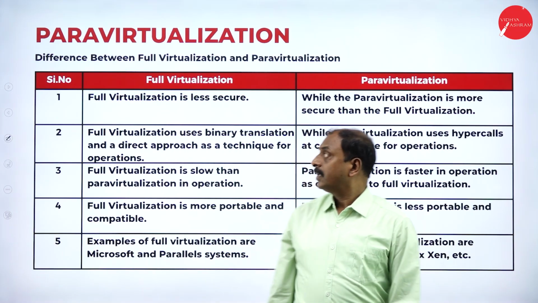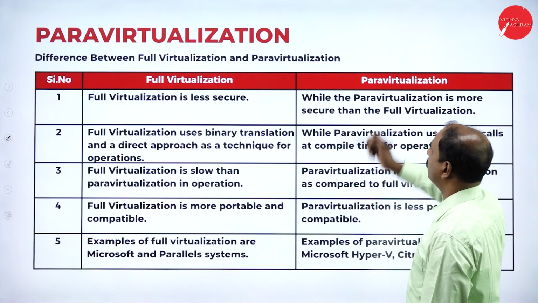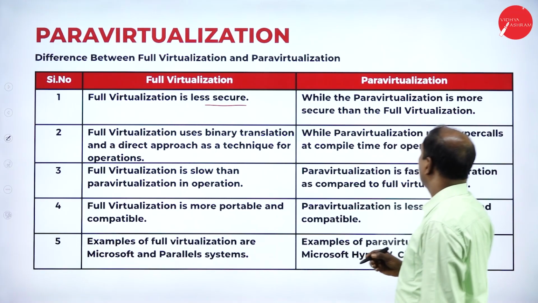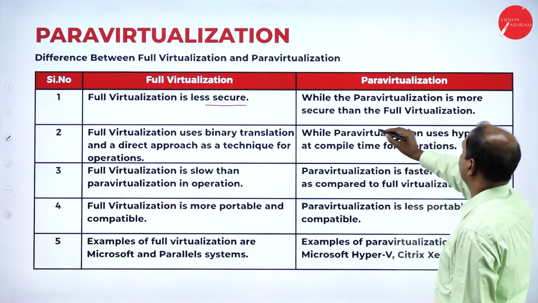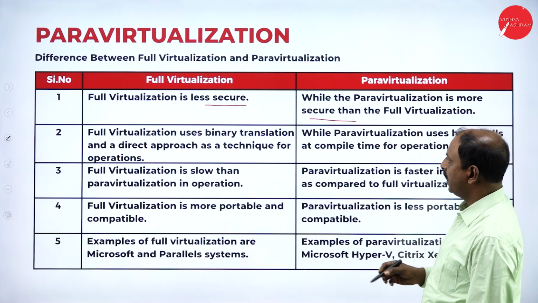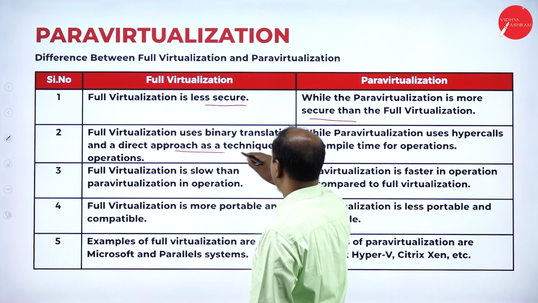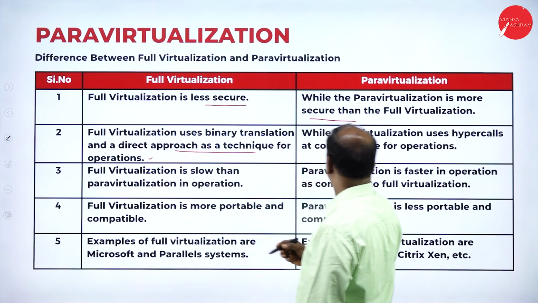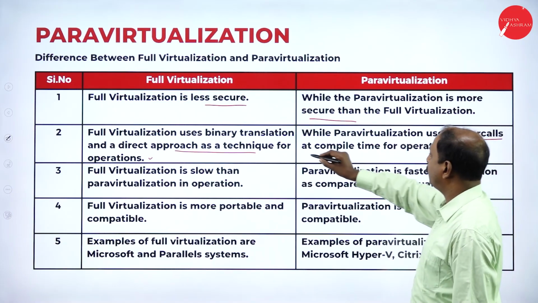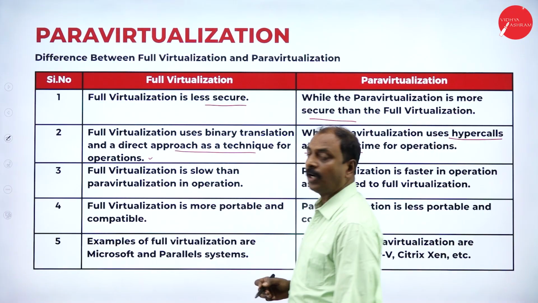Now let us see the difference between para virtualization and full virtualization. Full virtualization is less secure, while para virtualization is more secure than full virtualization. Next, full virtualization uses binary translation and a direct approach as a technique for operations, and para virtualization uses hypercalls for compilation or different types of operations.